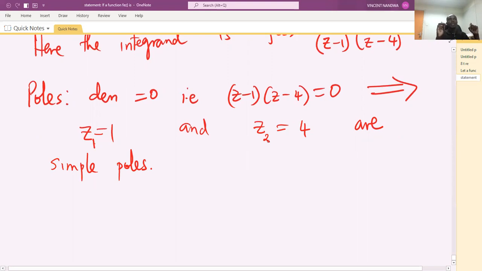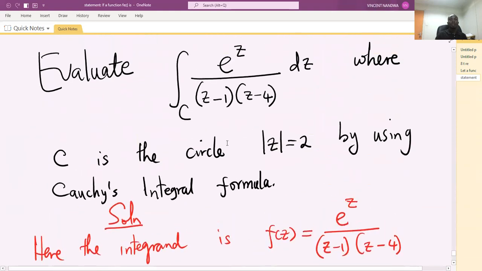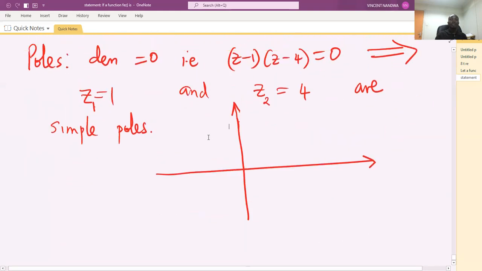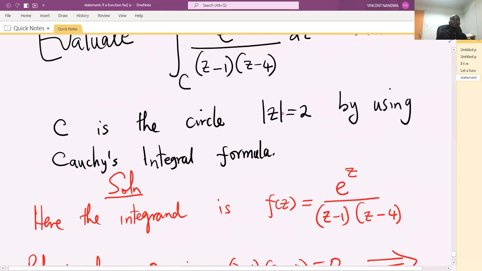Now, immediately you get the poles, sketch the circle or the curve given to know whether all your poles are within the region or outside the region. So this means, by definition, a circle with center z equals 0, or simply the origin, radius 2 units.